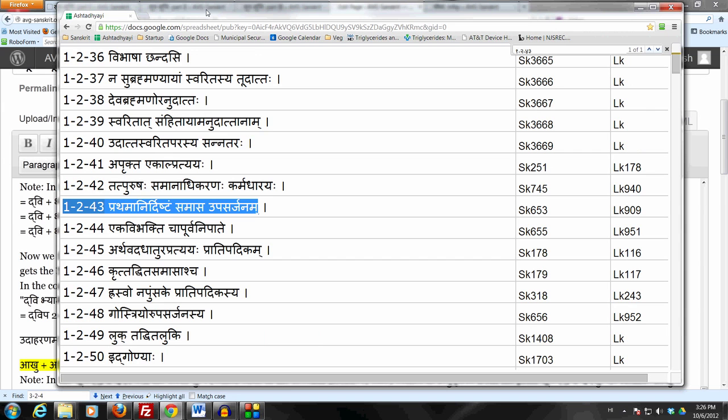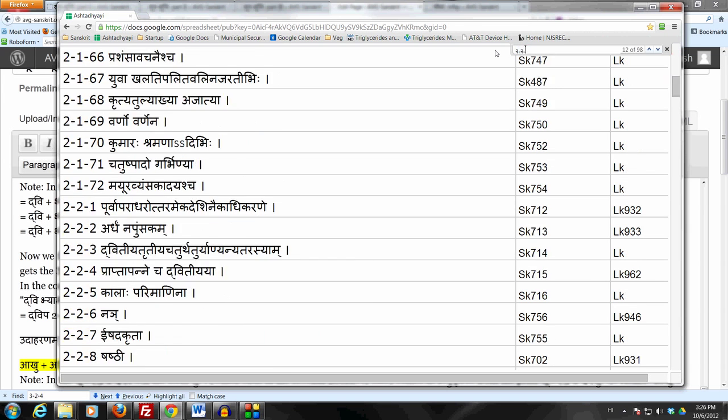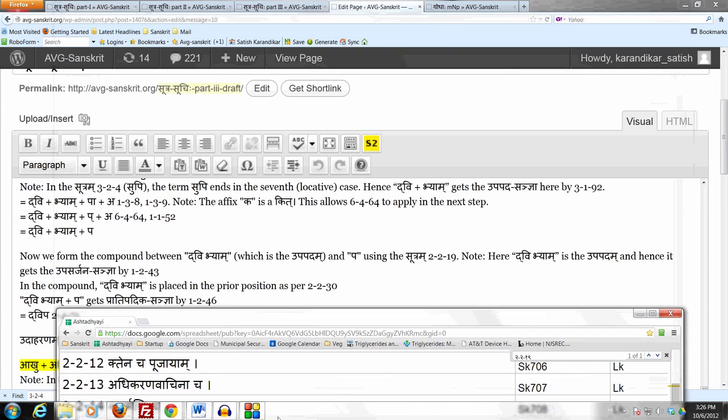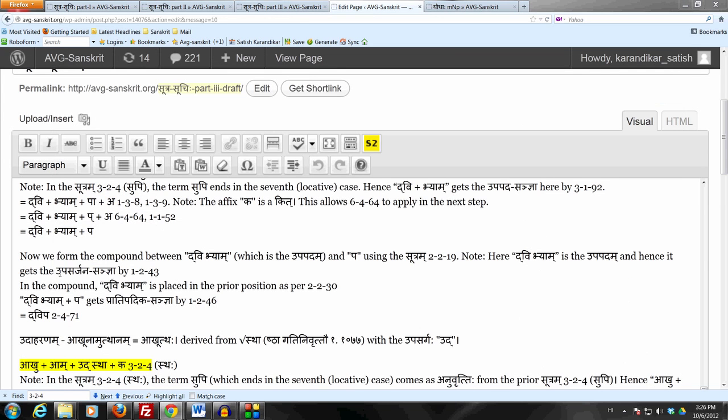So in the sutram upapadam ating, which is the samasa vidhayaka sutram, the term upapadam, which is a prathamantam padam, ending in prathama vibhakti, indicates that the upapadam gets the upasarjana sanya by the sutram prathama nirdishtam samasa upasarjanam.